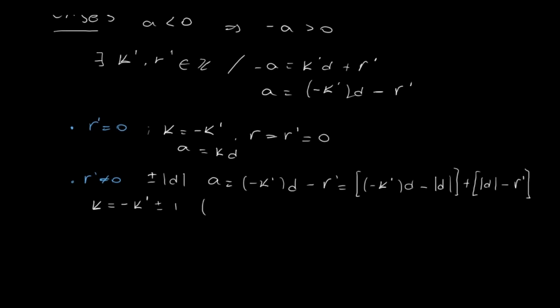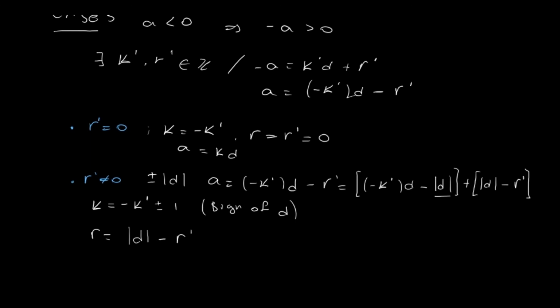depending on the sign, because we don't know if d is positive or negative. We're doing this for both cases. And we are going to have to take r equal to the absolute value of d minus r prime.